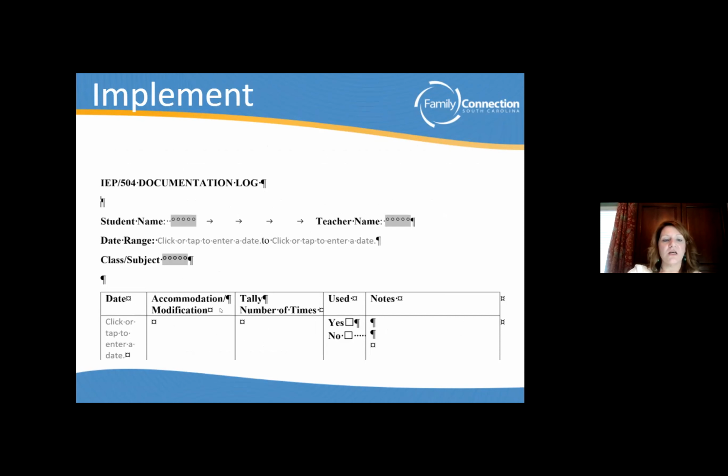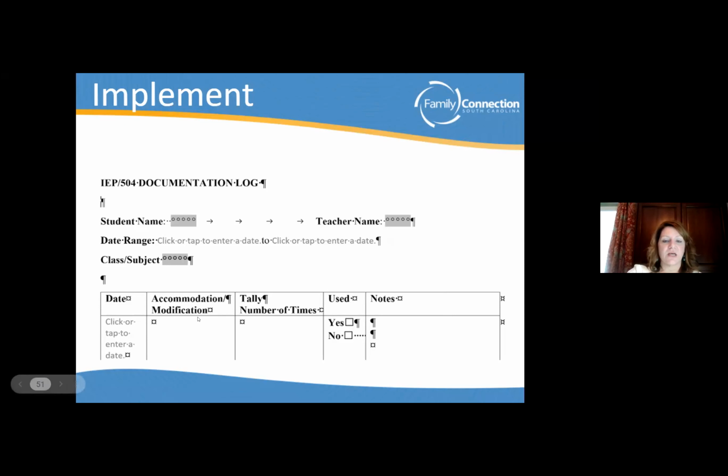So a log looking at what was the accommodation, when was it implemented, the number of times it was implemented, was it used? So if an accommodation is offered, did the student actually use it, yes or no? And then how did it go? Getting feedback from the student and the general education teacher as well.